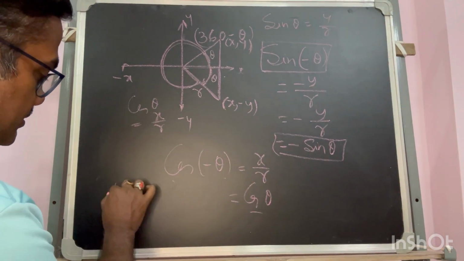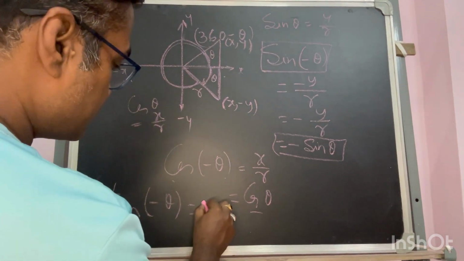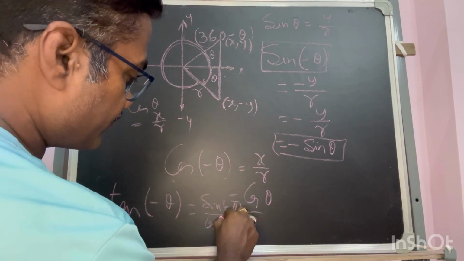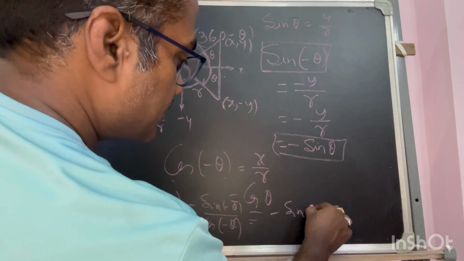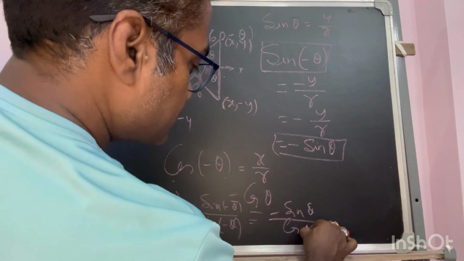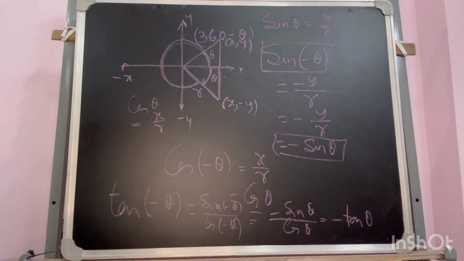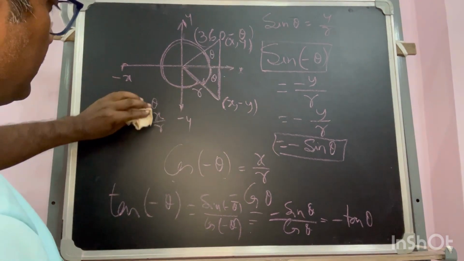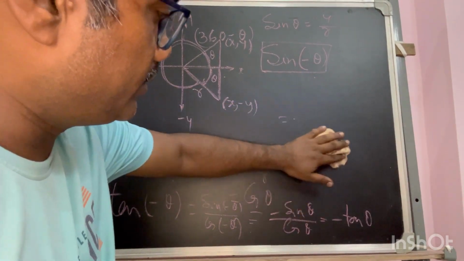In that case, tan of minus theta is sine of minus theta divided by cos of minus theta. For sine it is minus sine theta, for cos it is cos theta, so ultimately minus tan theta. So tan of minus theta is equal to minus tan theta. You can use this directly in your problem solving.